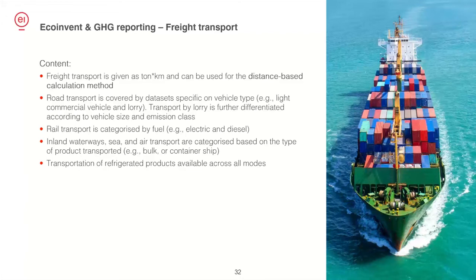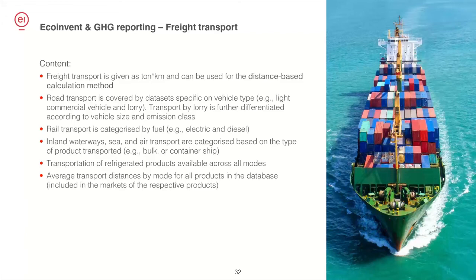On top of this, transportation of refrigerated products is available across all modes. And next to these transport-specific datasets, the database also offers additional information on transport. So you can find information on the average transport distances by mode for all products in the database. And this type of information is included in the market of a respective product.